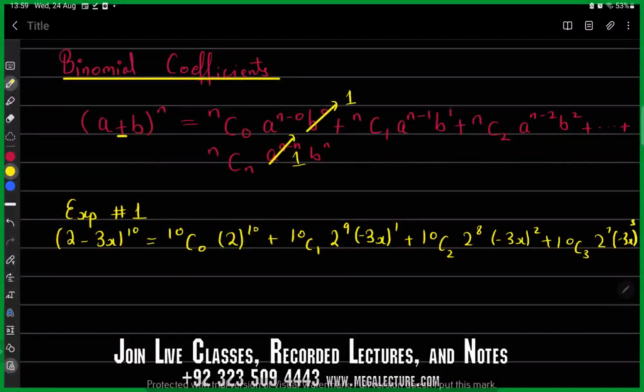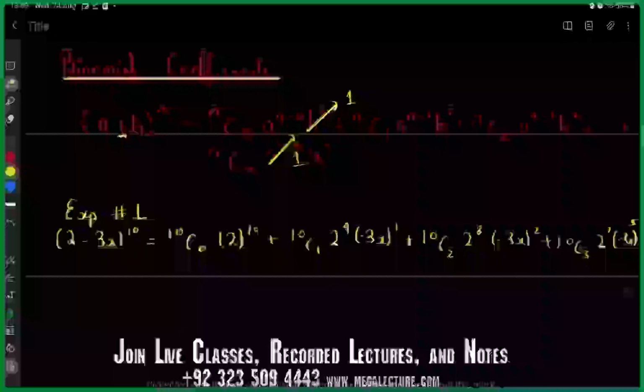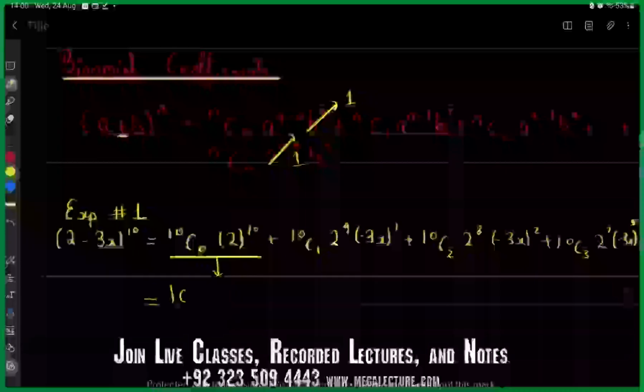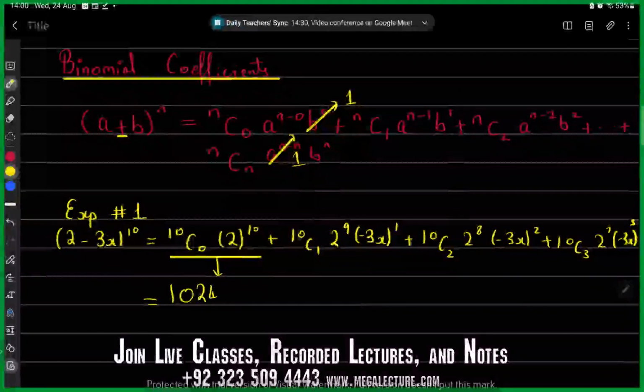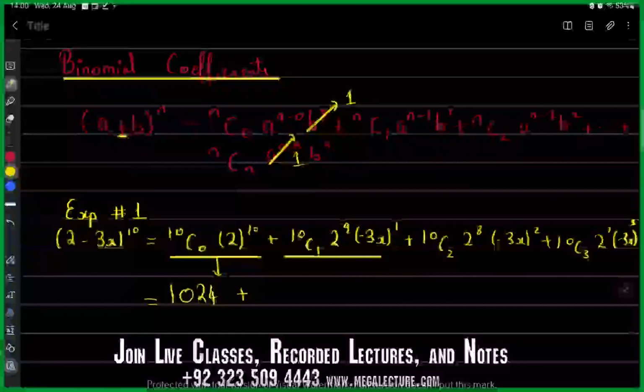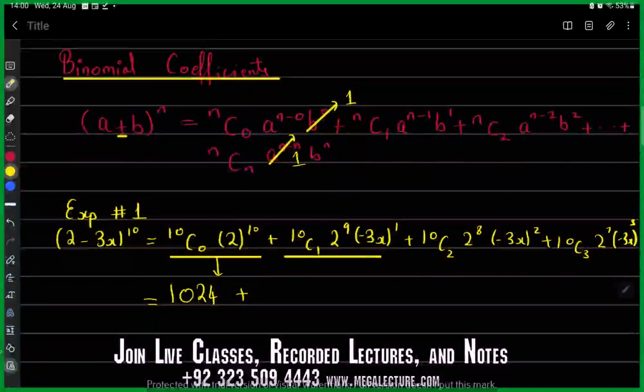Now, obviously, I need to find these values, so I will use my calculator directly. Just do 10C0 multiplied by 2 power 10, and this is going to give you 1024 plus the next one, 10C1 into 2 power 9 and then multiplied by minus 3.